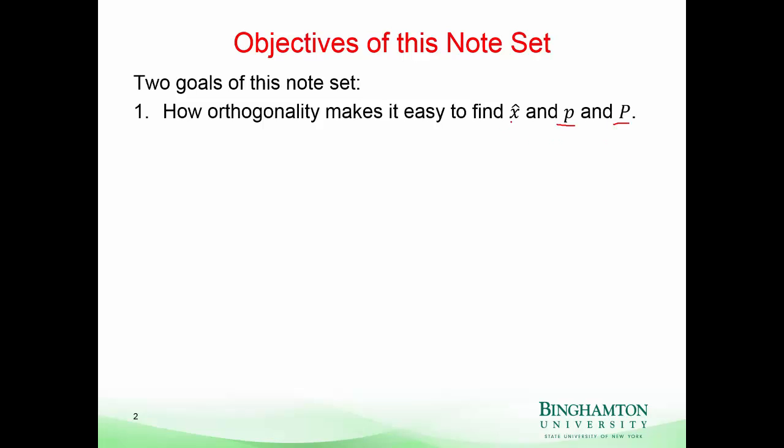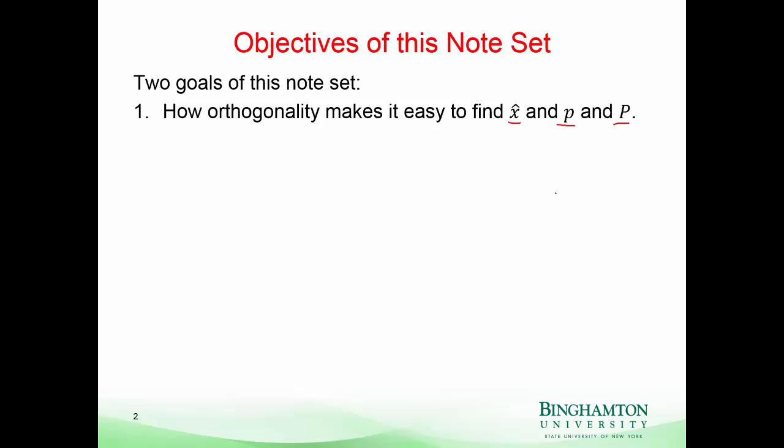And x hat is the coefficients of the vectors that form the subspace that we're projecting onto. So when the vectors that span the space that we're projecting onto are orthogonal, the formulas for these things become easy, and that's really not the point of this.